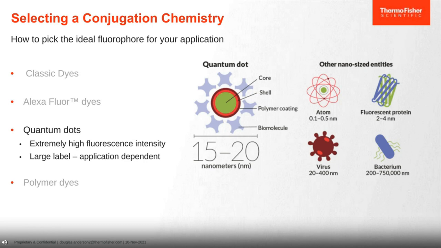So due to their size, they can sometimes be troublesome for interrogating very small cytoplasmic targets. But if you have a target that is extracellular, perhaps, or a really low abundance extracellular target, like viral coat proteins, that is one great example where quantum dots can be quite useful. So if you have a target that is not too hard for an antibody to access, an antibody quantum dot conjugate can be a great choice that will give you extremely high signal to noise that really will let you visualize low abundance targets where a small molecule fluorophore just wouldn't cut it.